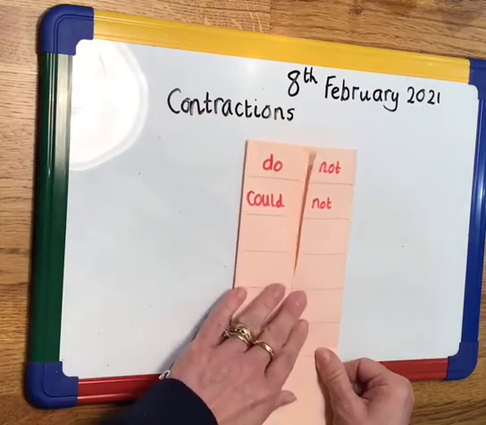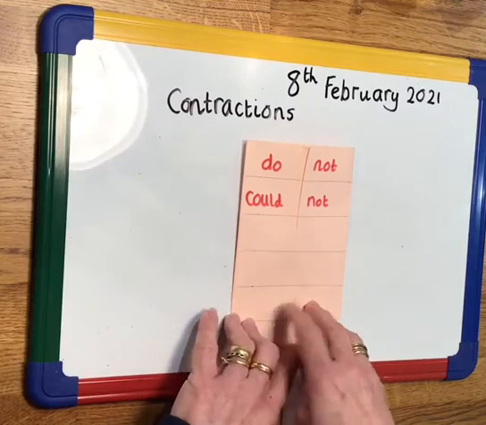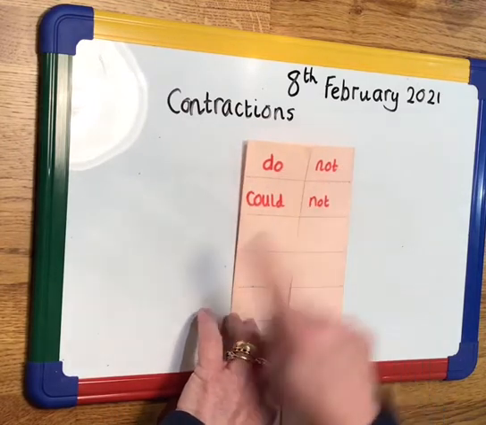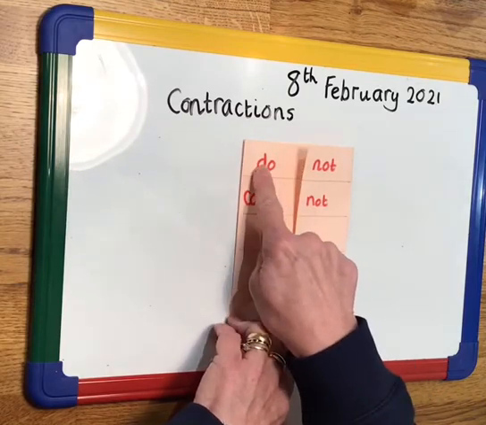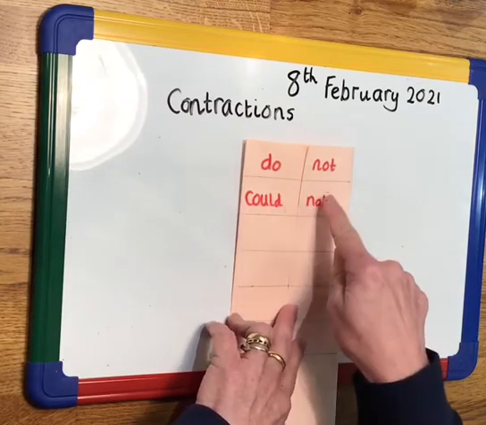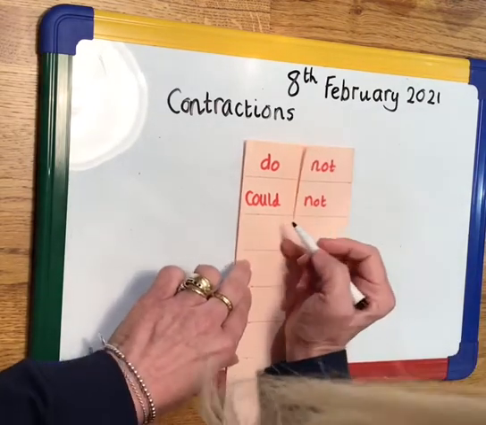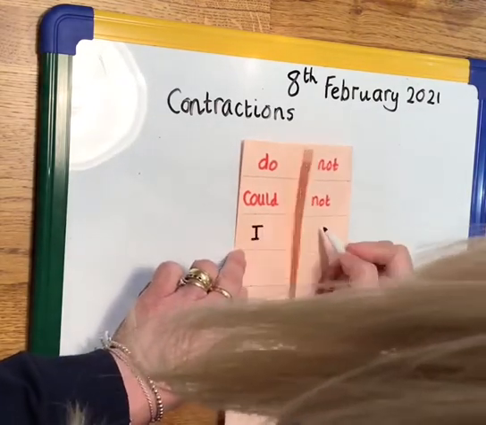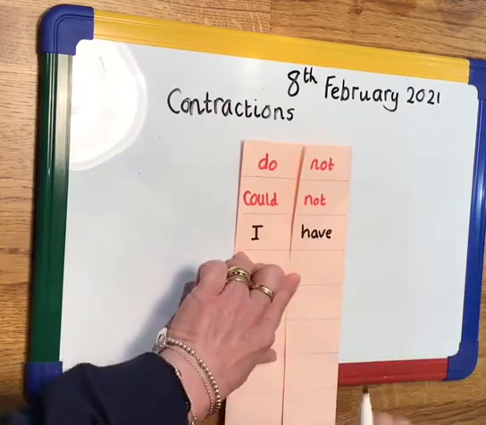And when you've got your piece of paper folded and lined off into sections, you are going to write some pairs of words on the front. One word on each side. So here I've got my do, my not, my could, my not. I have put a list in the PDF file for you to use.